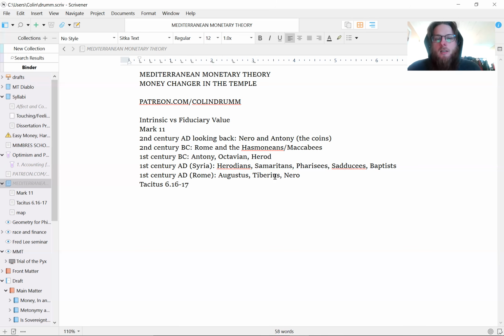Antony's coins are minted in the last third of the 1st century BC, and Nero's coins, the ones that we care about, are minted after 66, from 66 until Nero is deposed a few years later. So there are 100 years in between Antony's coins and Nero's coins, and other coins were minted then.